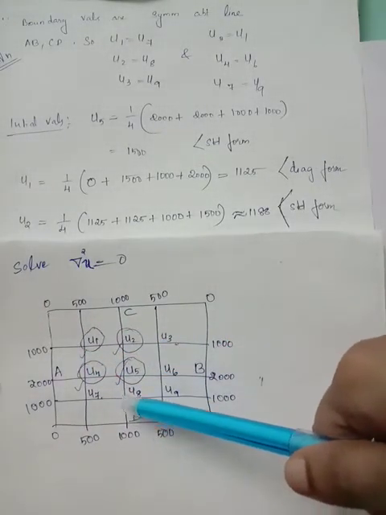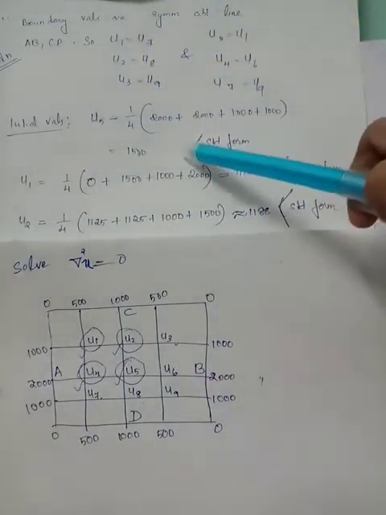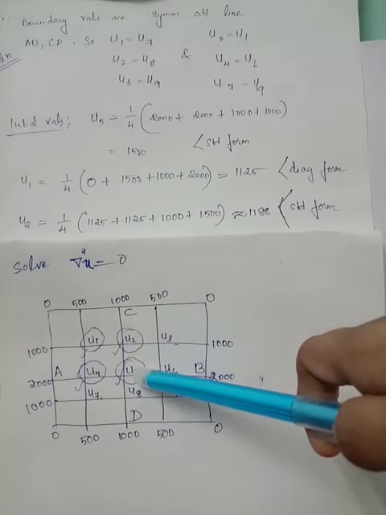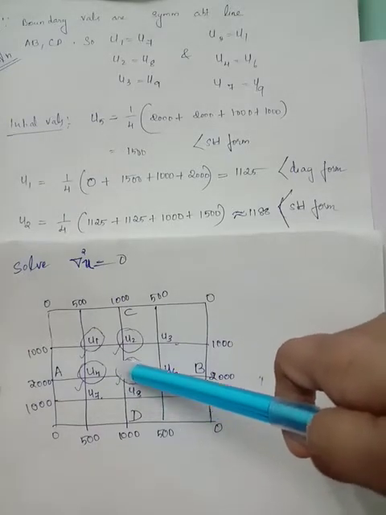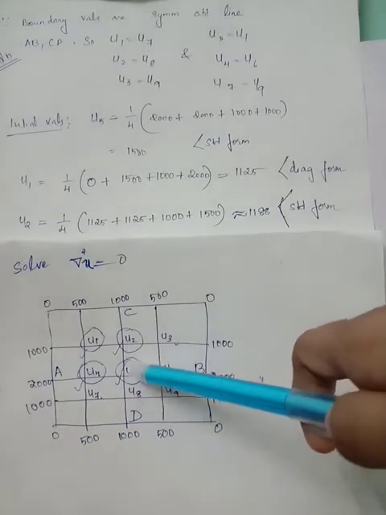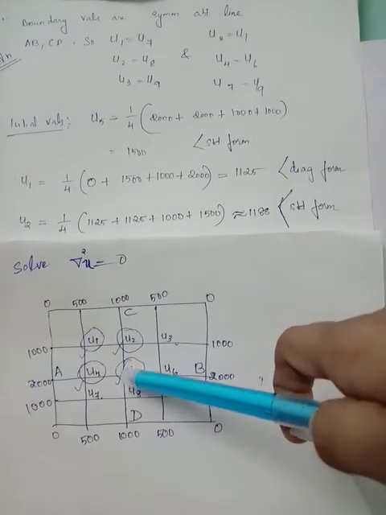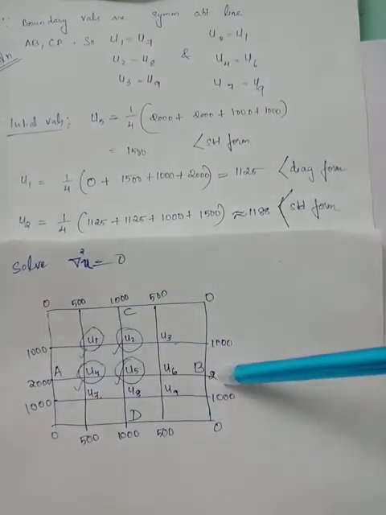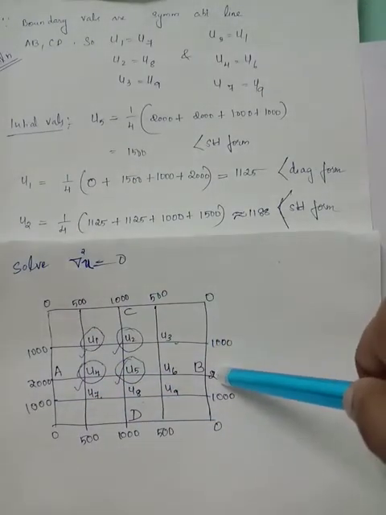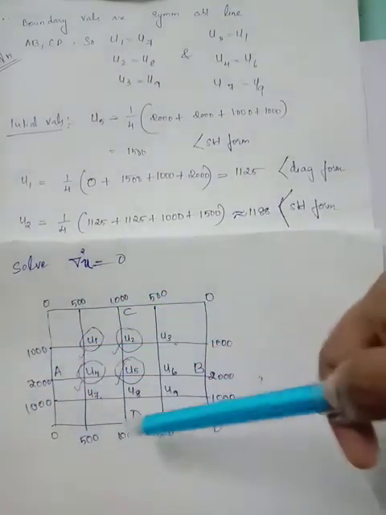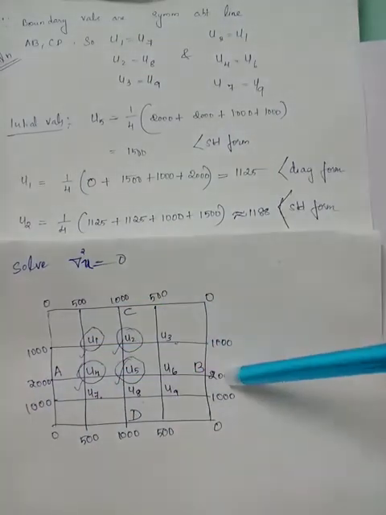So, when you try to find out values in the first iteration, first we will find the value of u5, because when you try to evaluate u5 using the standard 5-point formula, the boundary values 1000, 2000, 1000, 2000 will help you to arrive at the answer. u5 is 1/4 times the sum of 1000, 2000, 1000 and 2000.